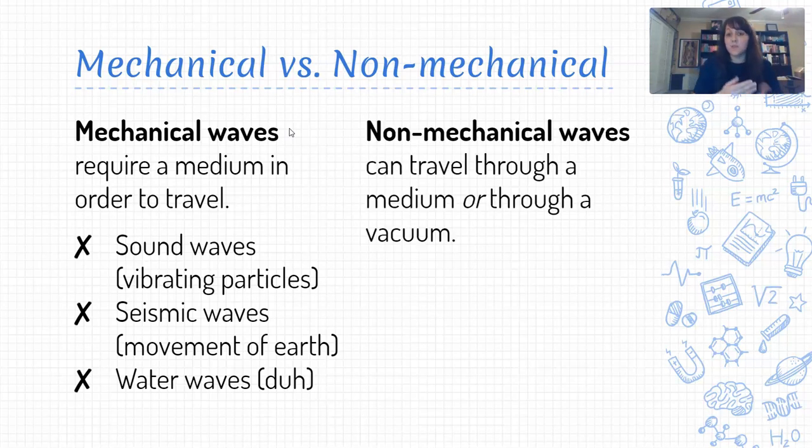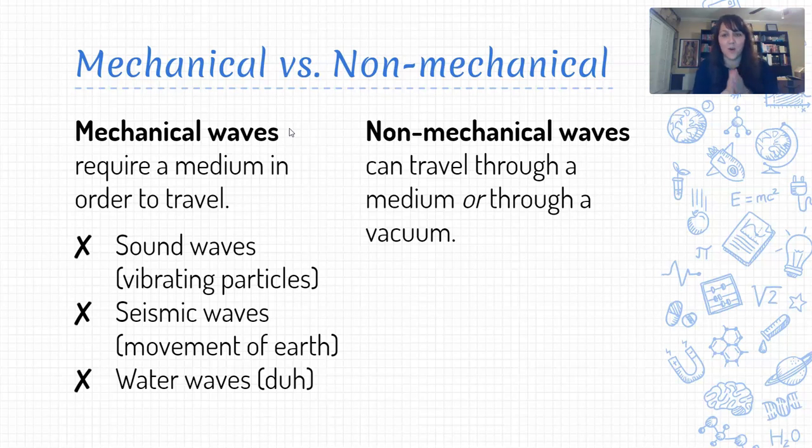And non-mechanical waves can travel through a medium, or they can travel through not a medium. They can travel through a vacuum where there are no particles, there's no matter, but the wave is still able to propagate through nothingness. What type of wave do you think is capable of moving through a vacuum?